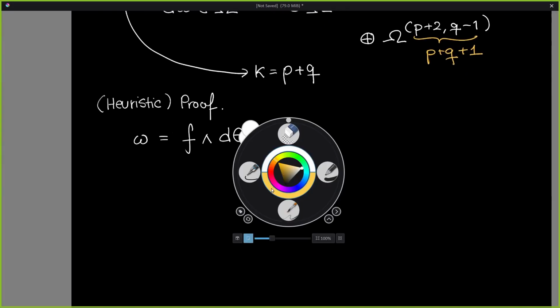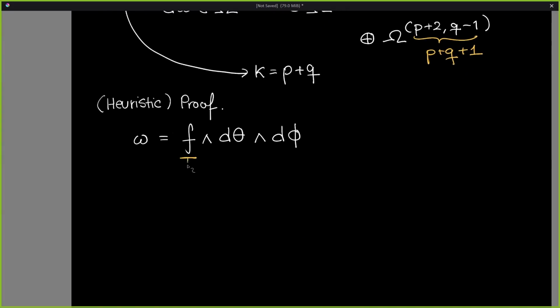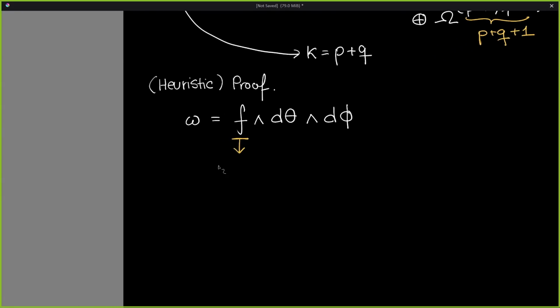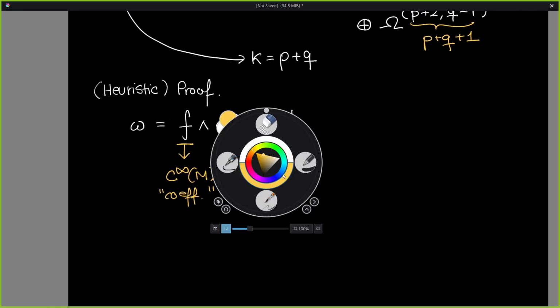And what we're going to say is that f is a smooth function, so this is on C infinity of M. You can think of this as the coefficient in front.